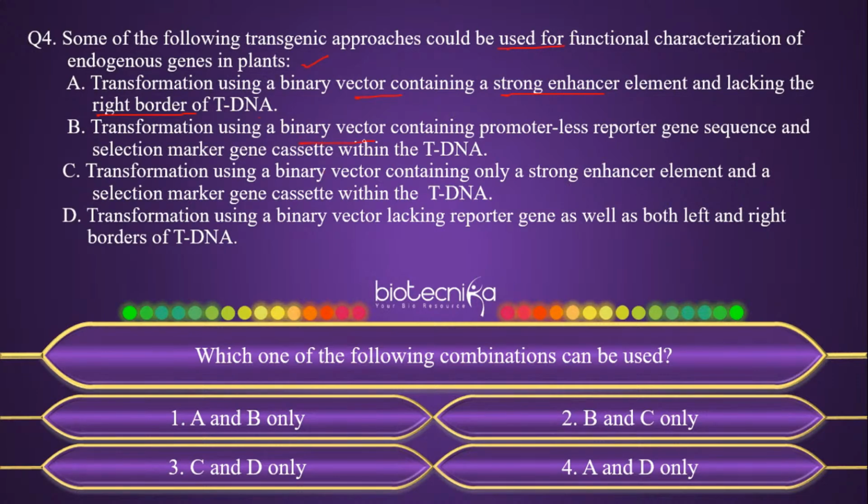B. Transformation using a binary vector containing promoter-less reporter gene sequence and selection marker gene cassette within the tDNA. C. Transformation using a binary vector containing only a strong enhancer element and a selection marker gene cassette within the tDNA. And D. Transformation using a binary vector lacking reporter gene as well as both left and right borders of tDNA.